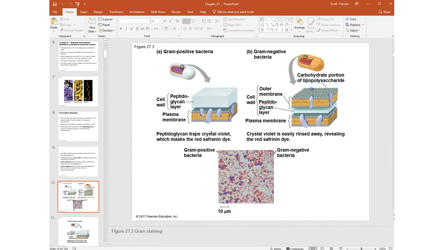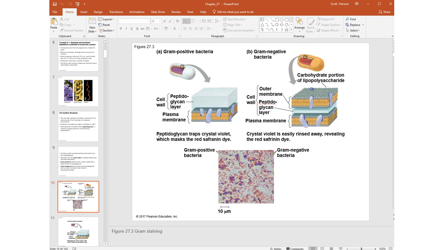And here's a pretty good diagram. Here's a gram-positive bacteria, here's a gram-negative bacteria, and you can see the cell wall of a gram-positive bacteria has a lot of peptidoglycan outside the plasma membrane, whereas the cell wall of a gram-negative bacteria has an outer membrane of lipopolysaccharide, and then a thin peptidoglycan layer, and then the plasma membrane, that's an inner membrane.